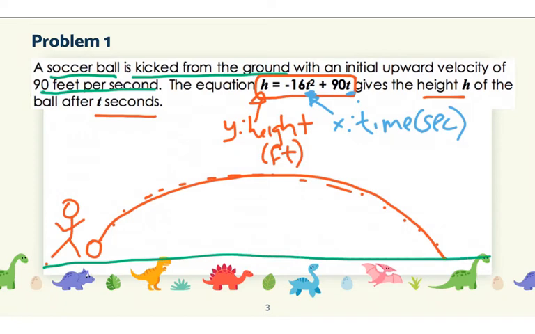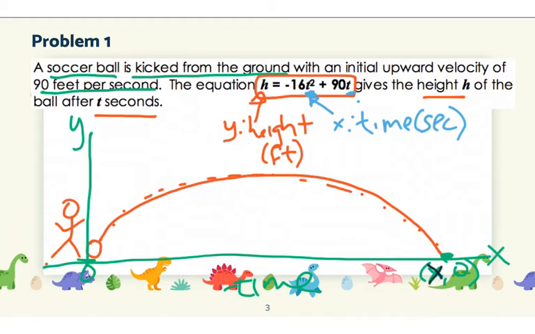So the height of it would be my y-axis, and along the ground is time. This time would start at 0 and it would end whenever the y value got to 0. So here, whatever the x value is, and we don't know, the y value would be 0.